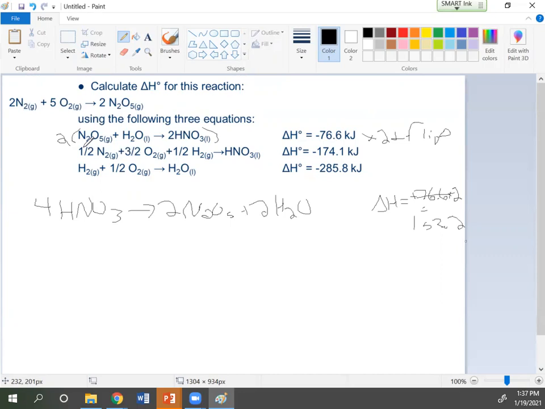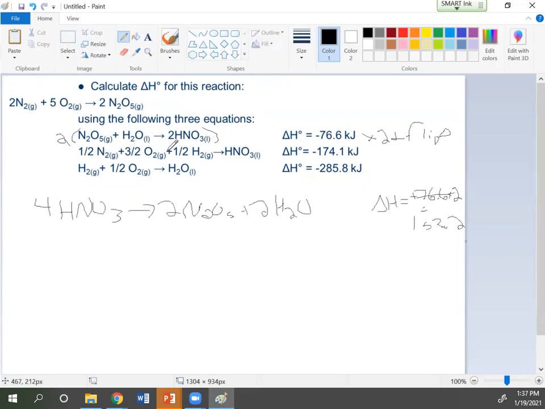N2 appears in both equations, doesn't it? Is it appearing on the correct side? Yes, it's on the correct side. We'll look at N2 first, because I have O2 down here again, so I'll deal with that one in a second.